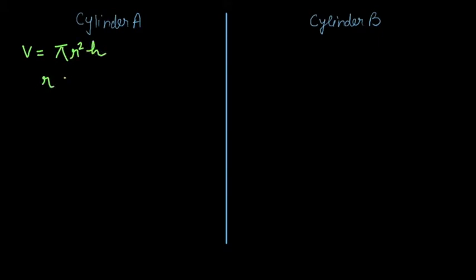The radius for cylinder A is 3.5 centimeter, which we have just calculated, or let's write it as 7 by 2, which will help you in the calculations. And the height was given as 14 centimeter. Let's place the values. Volume A, pi is 22 upon 7.